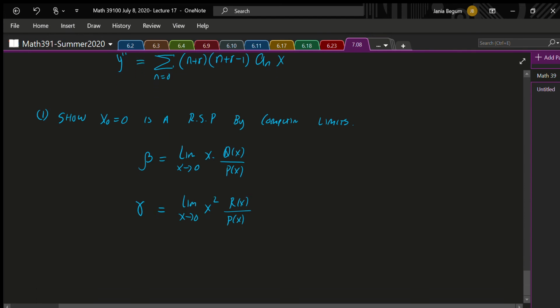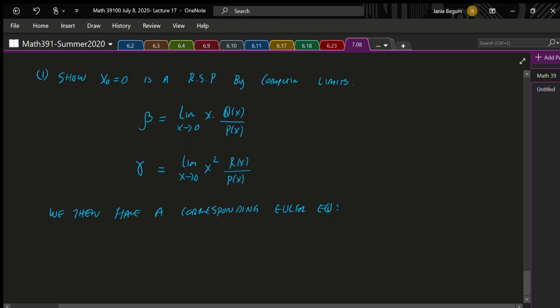Once we have these coefficients, we then have a corresponding Euler equation, which would then look like x squared y double prime plus beta, which you just computed by limits, x y prime plus gamma times y equals 0.